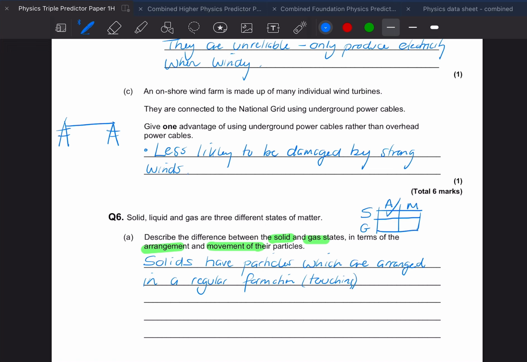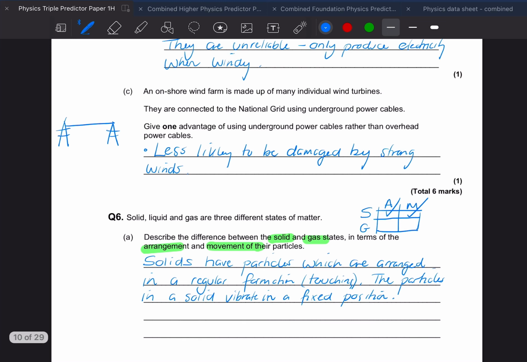So that's our arrangements. How do they move? The particles in a solid vibrate in a fixed position. Okay, we've done that for both, so we should be up to 2 marks so far.